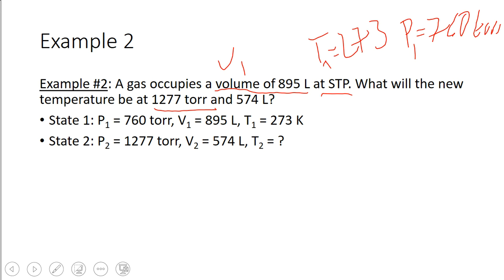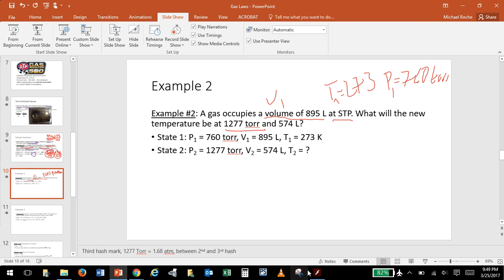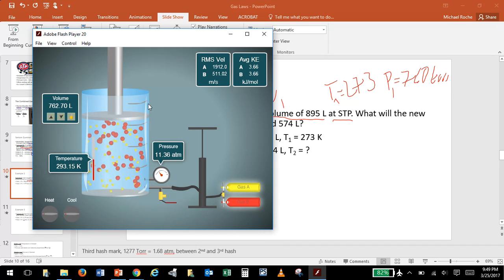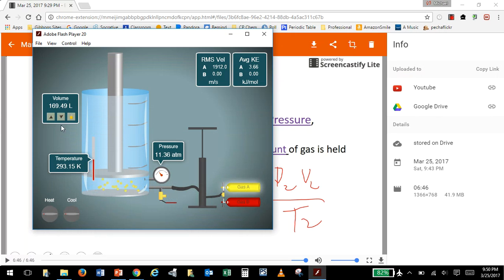So I've made these first two problems that you could do on this interactive. You could actually get these numbers if you want to try. If you want to try to do it here, the way you do it, if you reset it, I'm pretty sure that I just had one pump of yellow gas in there. It might have been two. And I think you can get those situations. So if you want to do 760 torr, which is 1 atmosphere, and 895 liters, I'm pretty sure this will go up to 895 liters.